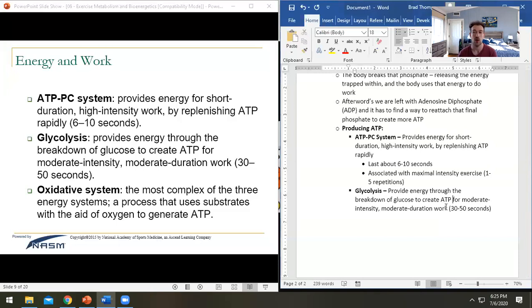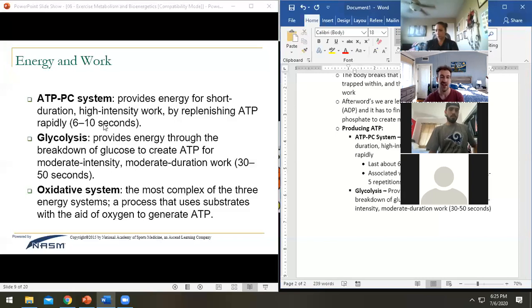This is where it's kind of more of an art than a science. We're about to get into the oxidative system in a second. My body does not like glycolysis. It's pretty good at the ATP-PC system. I'm pretty good at super high intensity work, and I'm pretty darn good at long duration work.